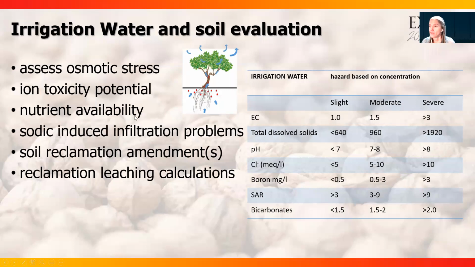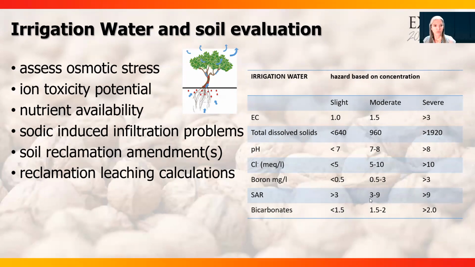Another thing that we are looking to assess with the different parameters of soil and water is to understand if the conditions are such that they will induce infiltration problems. Saline sodic and sodic soils can have varying levels of overall soluble salt, but in either situation, they have high levels of sodium.